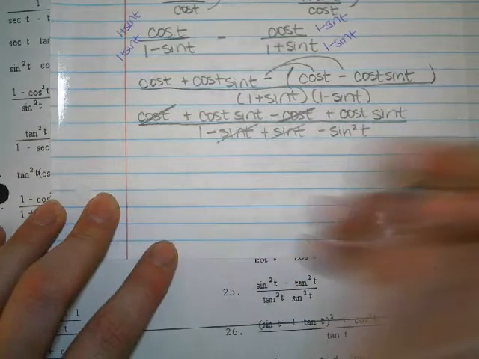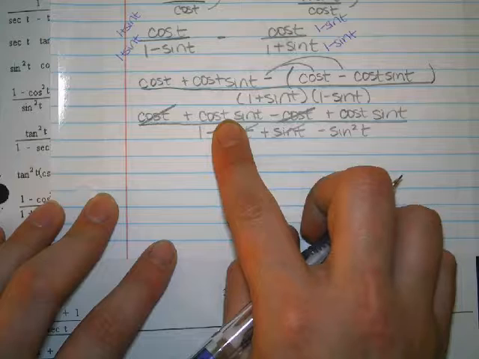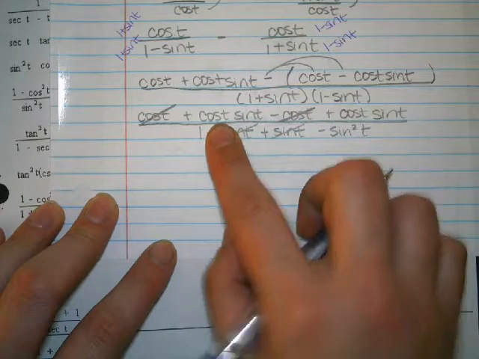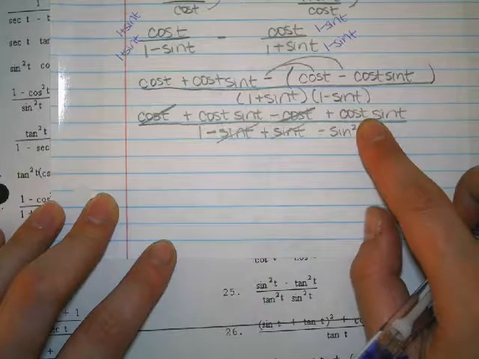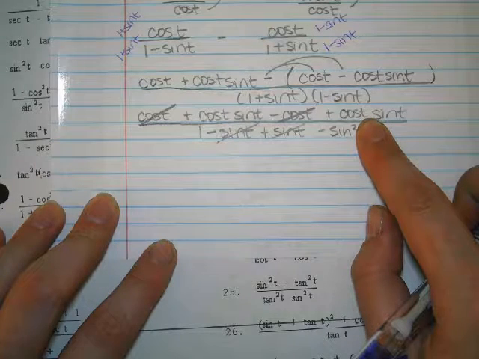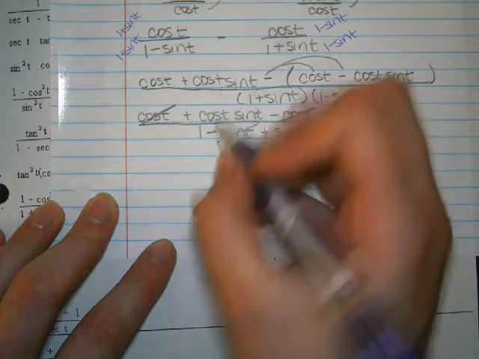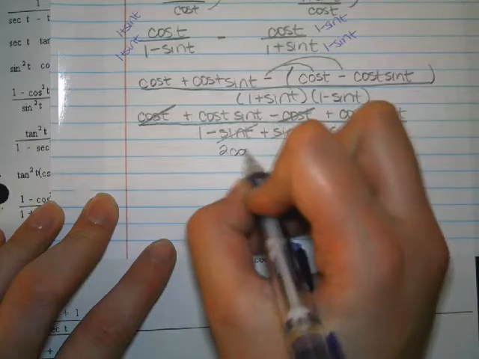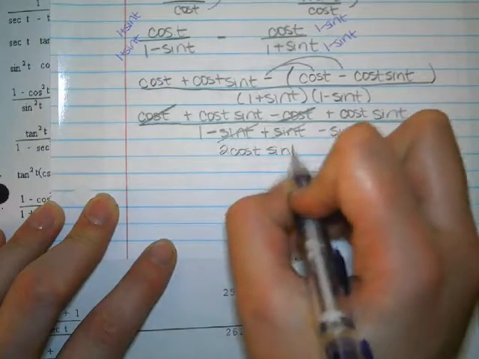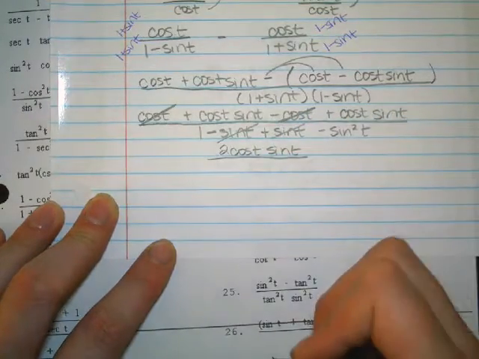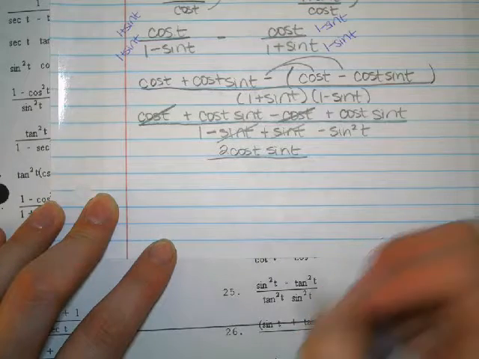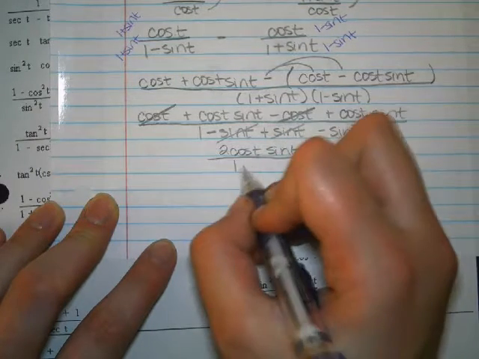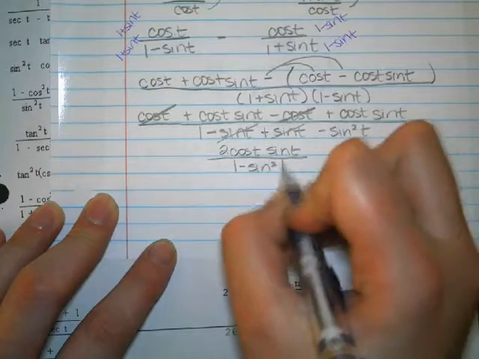Okay, so we have 1 cos t sine t and another cos t sine t. That means that we have 2 of them. So I'm going to say we have 2 cos t sine t's. And on the bottom, we have 1 minus sine squared t.